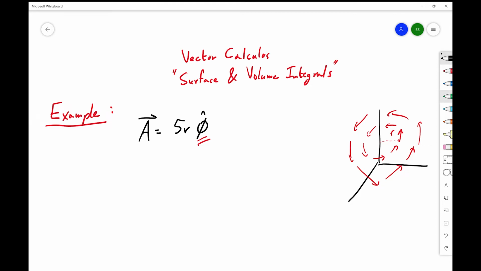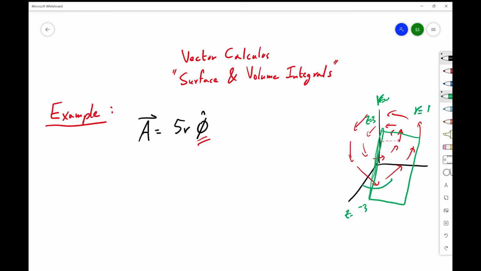And what is that surface? That surface is like a slice, a surface like that. It's essentially from z equals minus 3 to z equals 3, and then r from 0 to 1 at a certain angle phi.